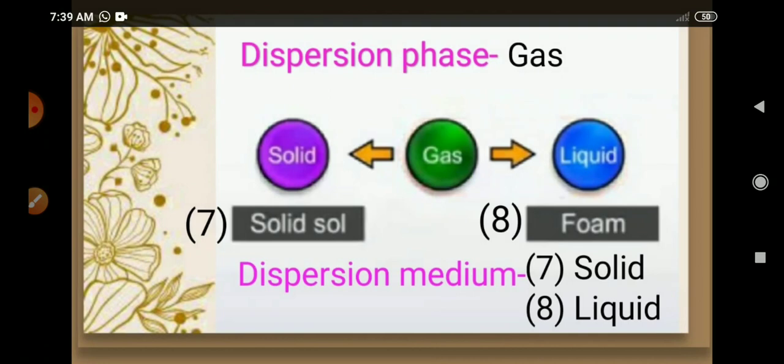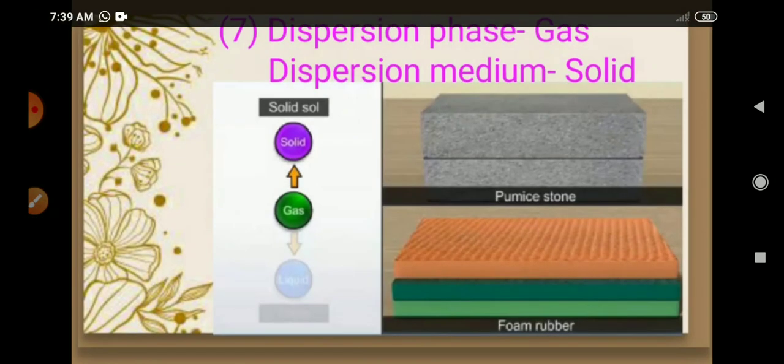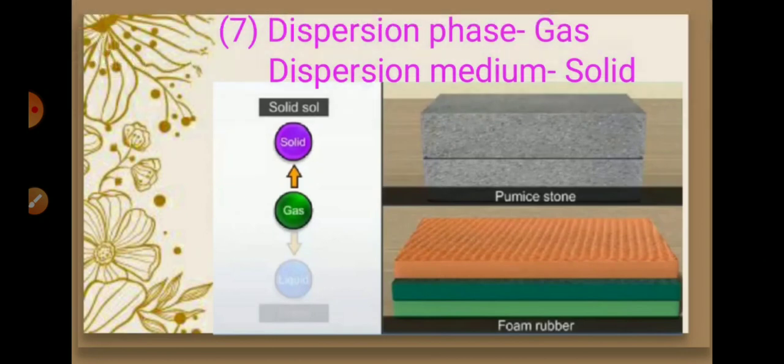If the dispersion phase is gas here, so gas is in solid. That means solid is present in more proportion, gas is present in small proportion. That is called as solid sol, and gas in liquid is called as foam. Let us take the example of these. Dispersion phase is gas here, dispersion medium is solid. Here the examples are pumice stone and foam rubber.